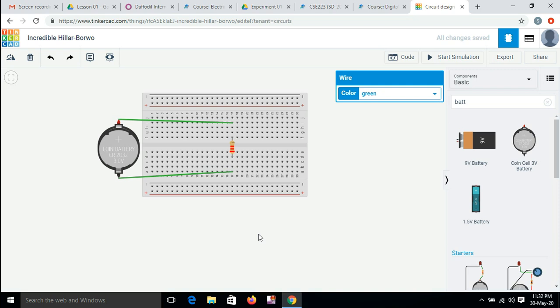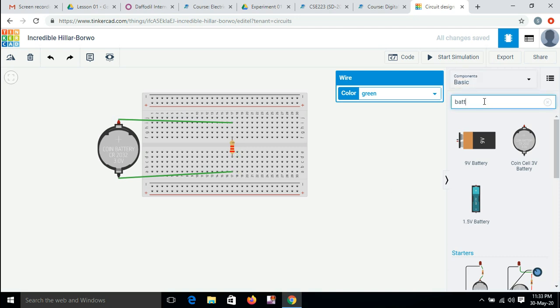So according to our Ohm's law, we know that voltage is equal to the multiplication of current and resistance. So from here we know the value of resistance. Now we will measure the voltage across this resistor, from which we can calculate the current that is flowing through this resistor.